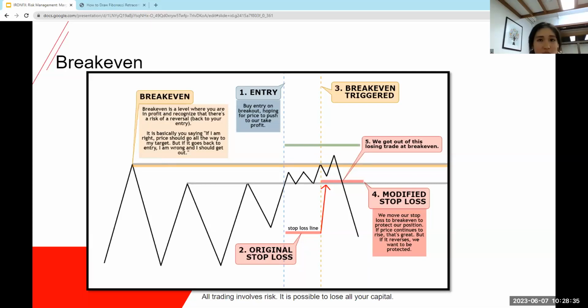In this case, why we call it a break even is because it's basically the point at which a trade reaches a level where the trader has neither made a profit nor suffered a loss. If you didn't move your stop loss back to our entry, you would have made a significant loss. But now that we placed it at our entry, you didn't make a profit and you didn't make a loss either.